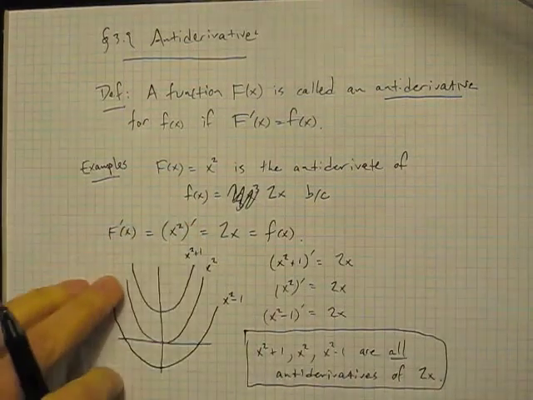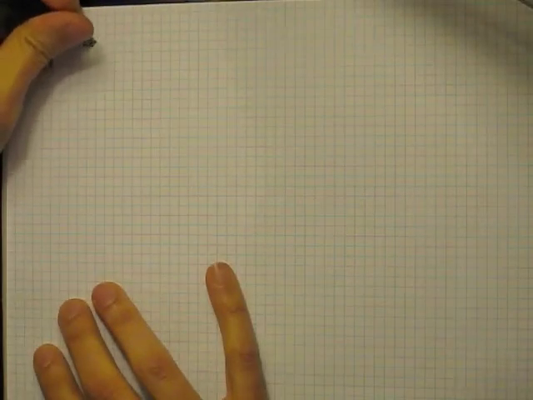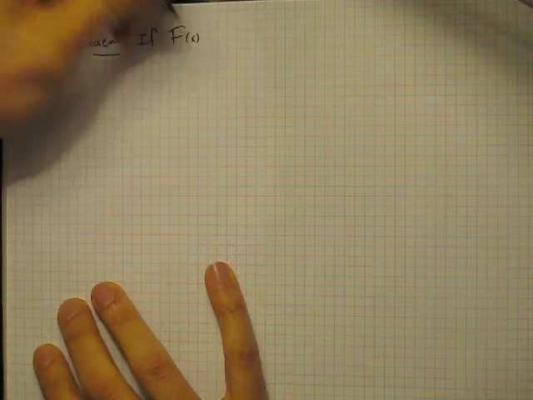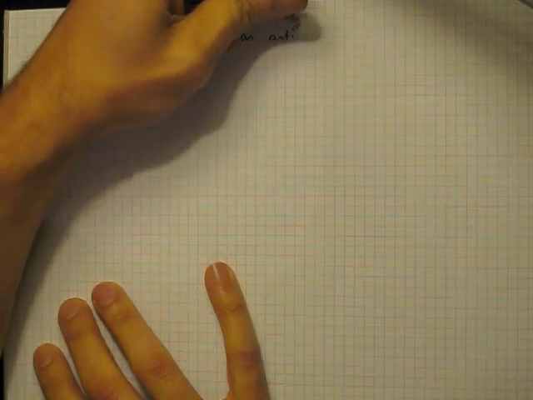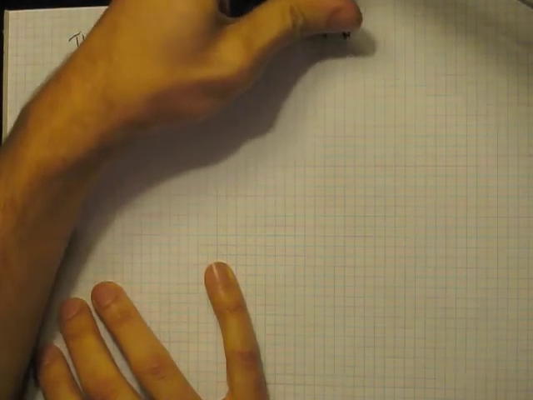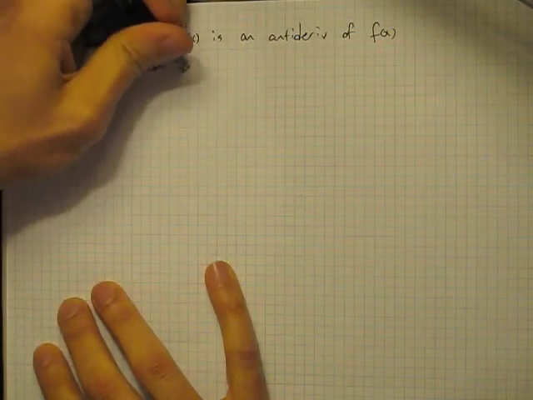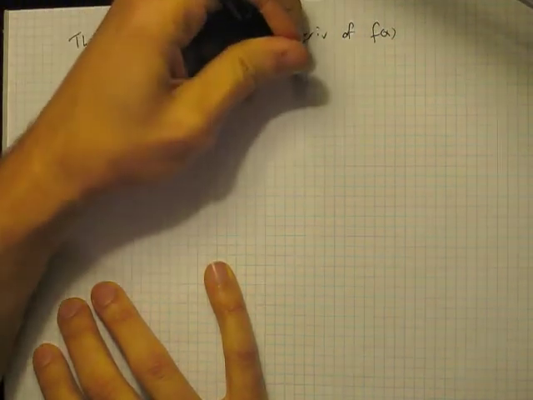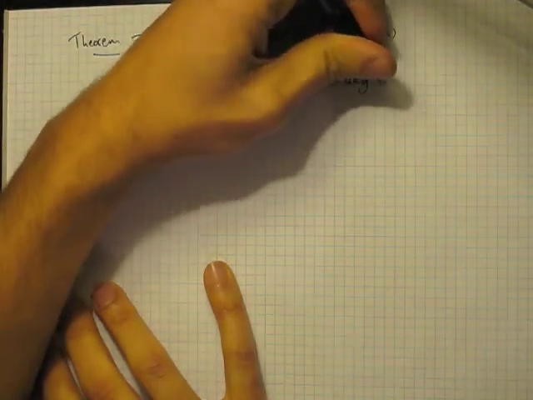Okay, and what it illustrates is the following theorem, which says that, so theorem, it says if big F is an antiderivative of little f, then so is F of x plus c, where this number here, c, is any constant.